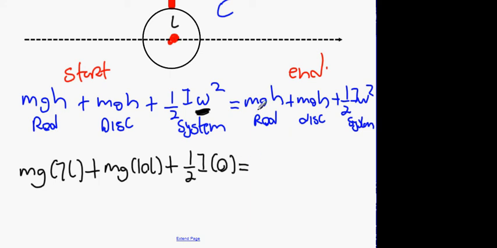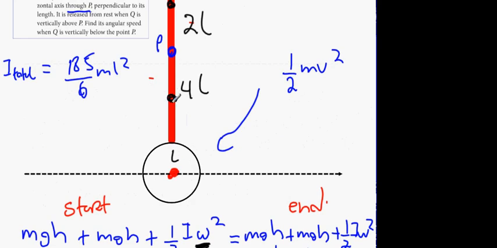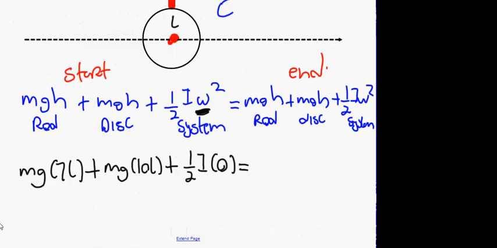Okay? Now at the end of it, where's the rod located? Centre of gravity of the rod is, anybody? L plus 3L above the ground. So mg 3L. What about the disc?